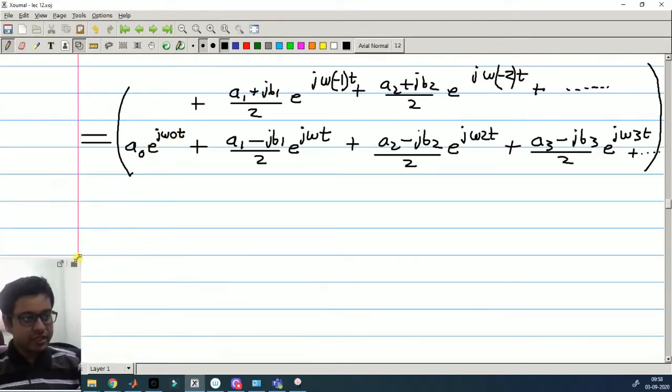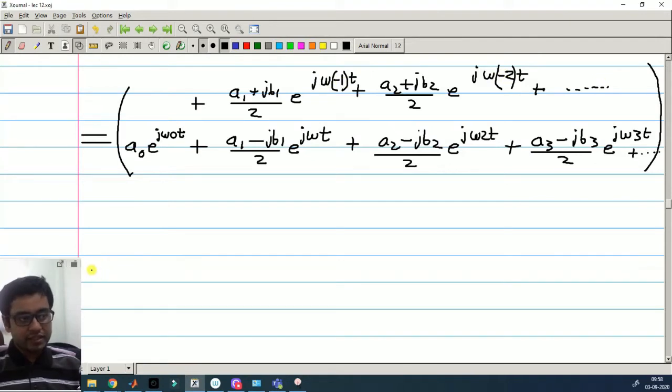Now you see that this is a sum over many complex exponential terms, e to the power j omega 0t, j omega 1t, j omega 2t, 3t, 4t, here j omega minus 1t, minus 2, and so on.